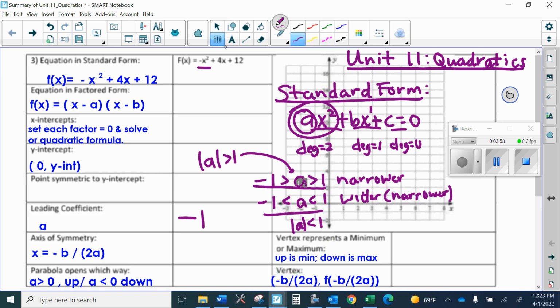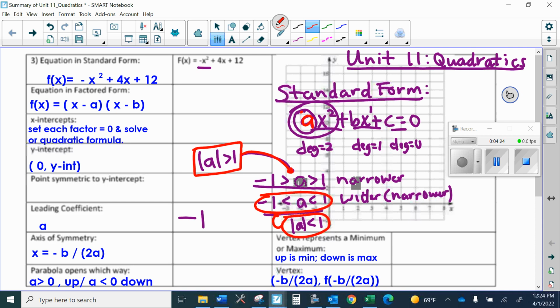This is the long way of writing it out, and this right here means this. So between negative 1 and 1, it's wider. Greater than 1 or less than negative 1, it is narrower. All about the a right here.